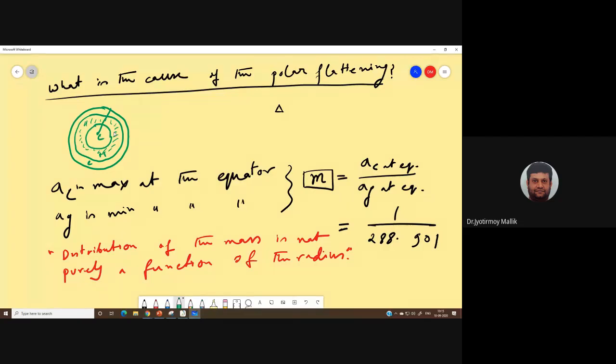But of course, if it is not a perfect sphere, in some places there will be a thinning of crust. Some places we see a thickening of crust. And on top of it, I have this polar flattening, right?